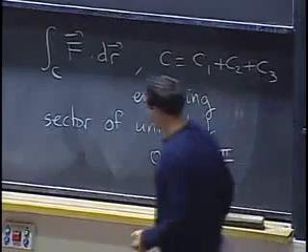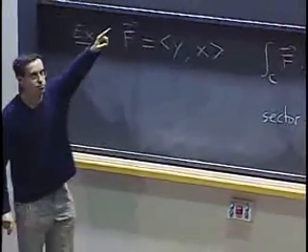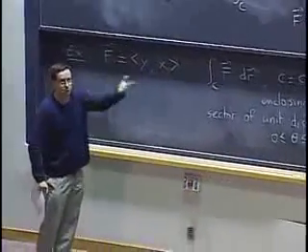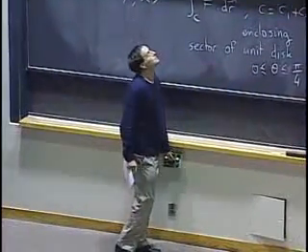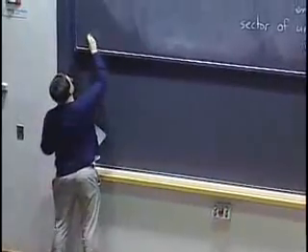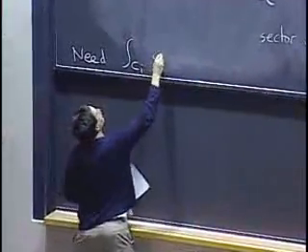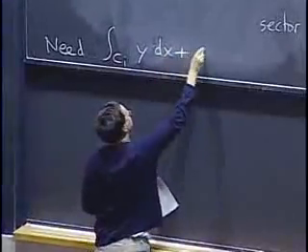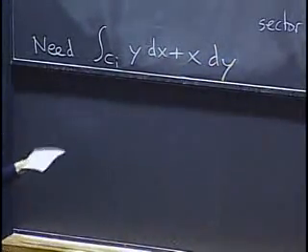So to compute this line integral, what we have to do is set up 3 different integrals and add them together. So we need to set up the integral of y dx plus x dy for each of these pieces.